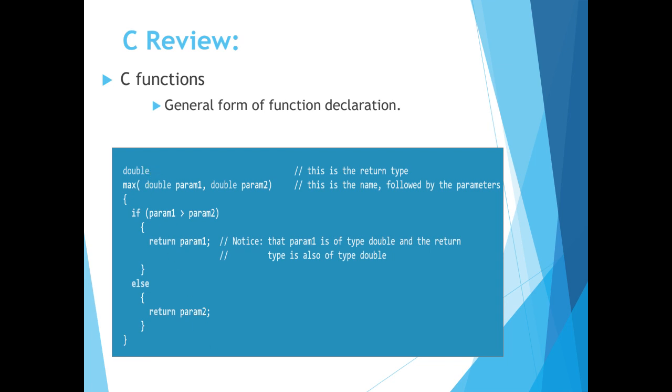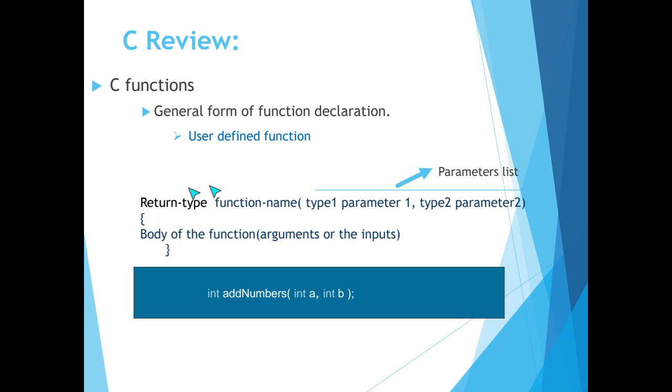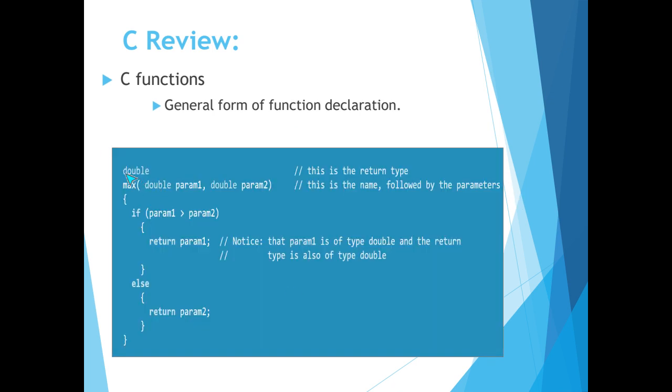It is the return type. I said that the return type can be char, int, short int, long int, float, double, and any kind of type related to variables. Yes, double is the return type of our function.